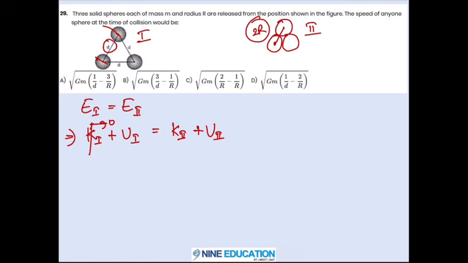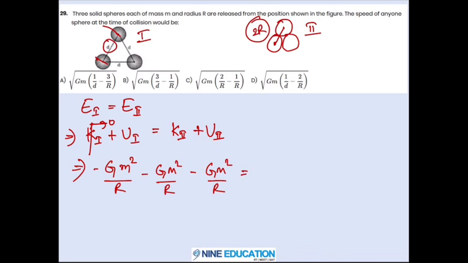And what is the potential energy initially for the system? So these two spheres are at distance d, so it is minus G small m into small m, which is m square by r. And between these two, it is again minus G m square by r. And between these two, it is again minus G m square by r.